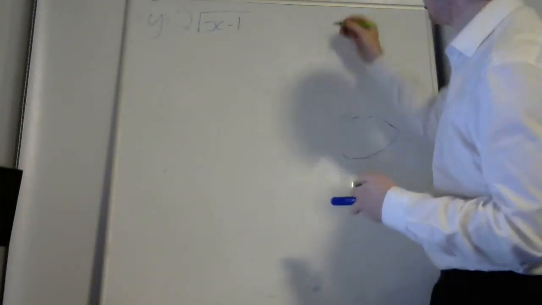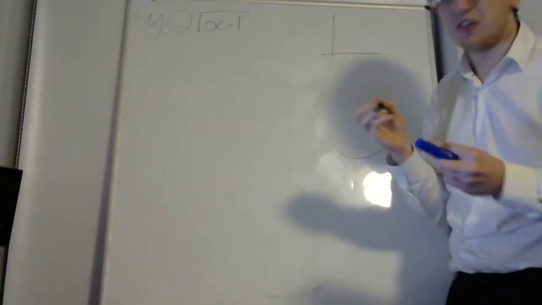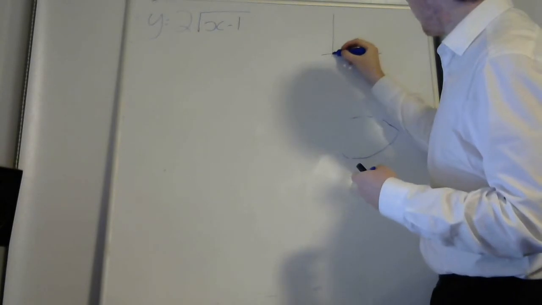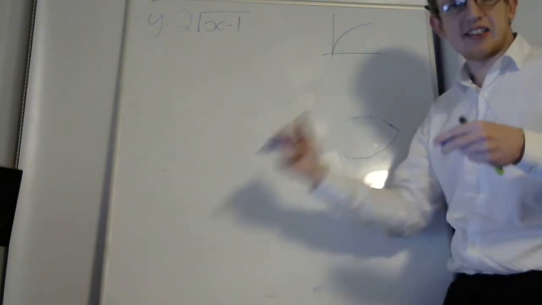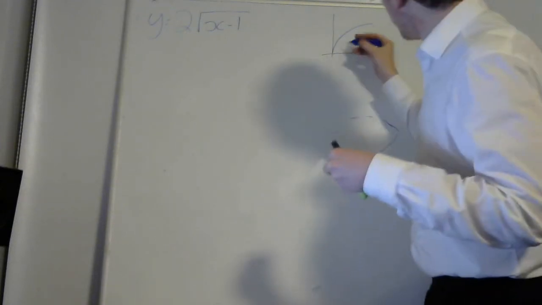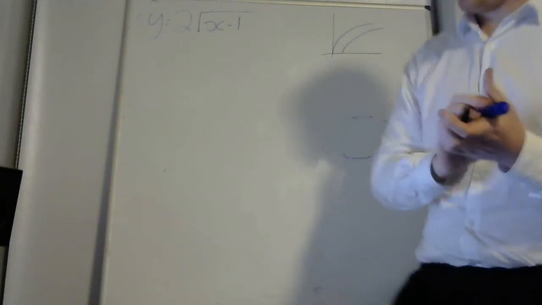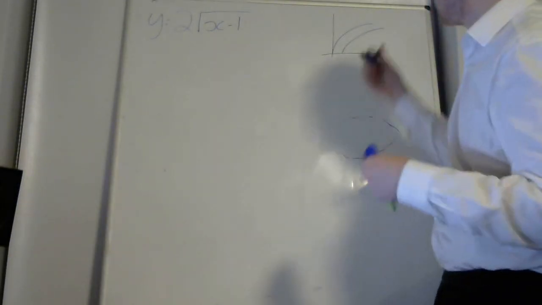So, little sketch here. It's root x, so I'm only going to do the top quadrant. Root x would look like this. Root x minus 1 is going to send that to the right by one. And 2 lots of root x minus 1 is going to stretch it out by a factor of 2.